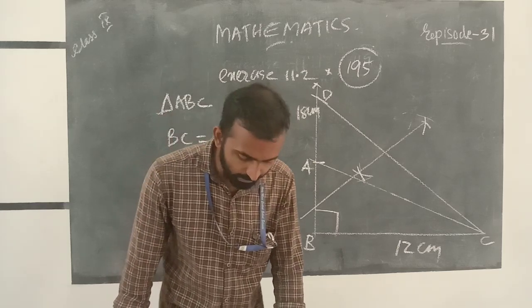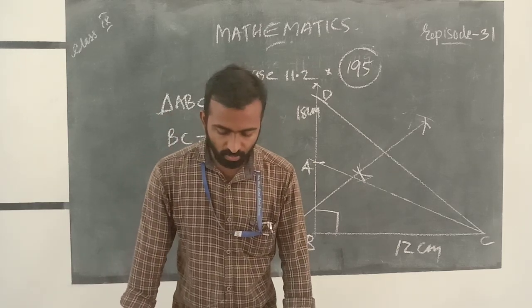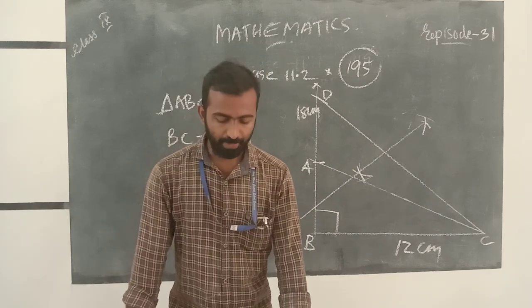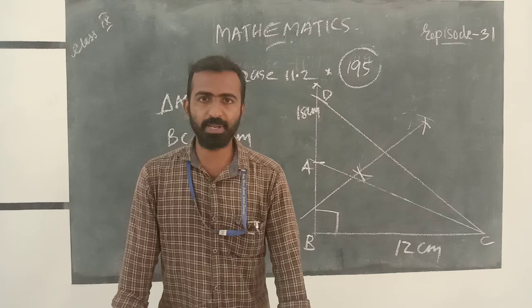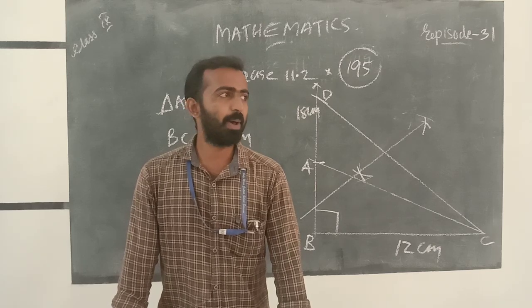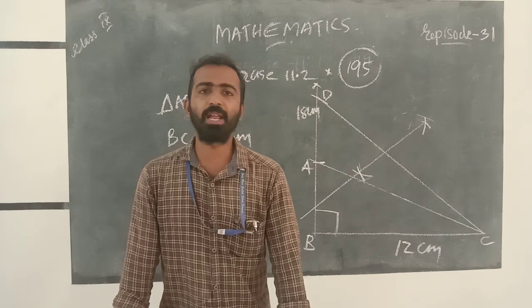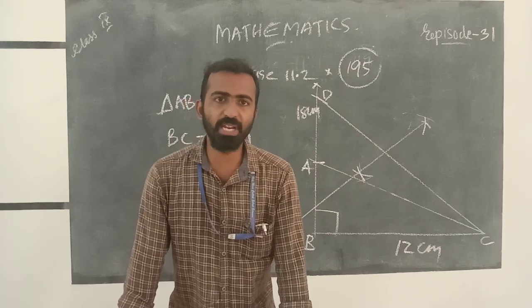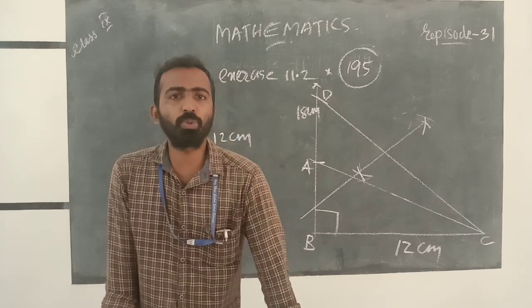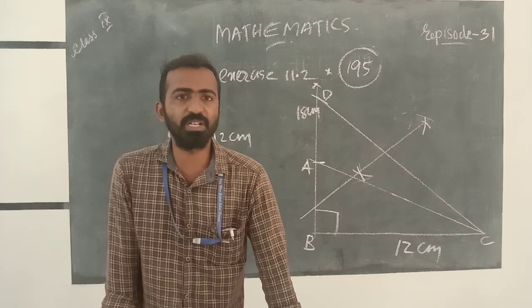And also you can draw the perpendicular bisector of a line segment. We studied the perpendicular bisector of a line segment. And first we studied how to draw an angle of 60 degree.